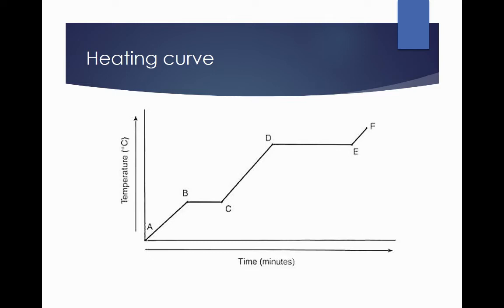Think about this before I proceed. I hope that you have managed to answer it correctly. It is melting. And because it is horizontal at that portion, we call that temperature its melting point. And the horizontal line that is higher up there will be the boiling point because boiling is taking place there.